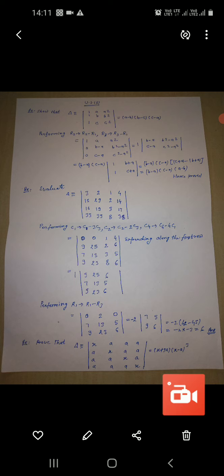Performing C1 minus 3 C3, C2 as C2 minus 2 C3, C4 minus 4 C3. This is very simple, and we get in first row 0 0 1 4, 9 25 2 6, 7 13 3 5, 9 23 8 6.